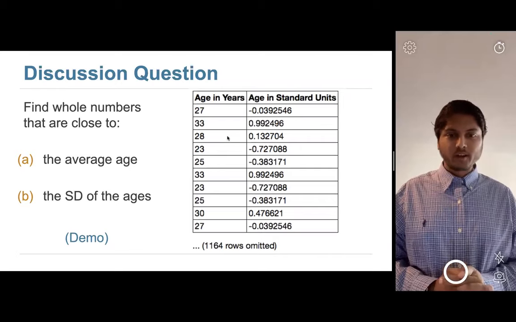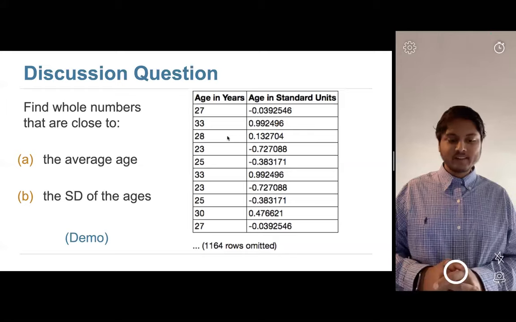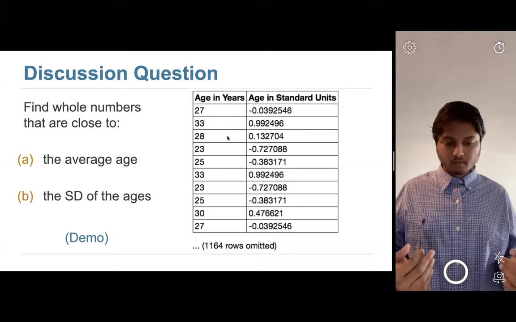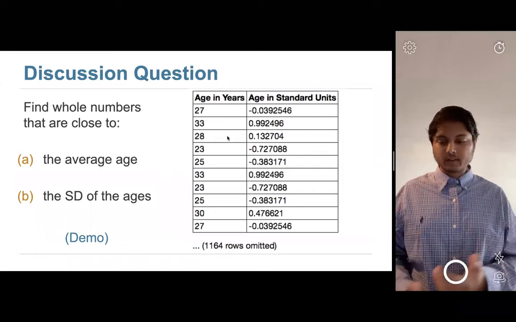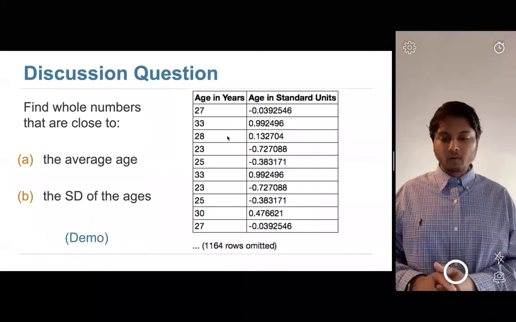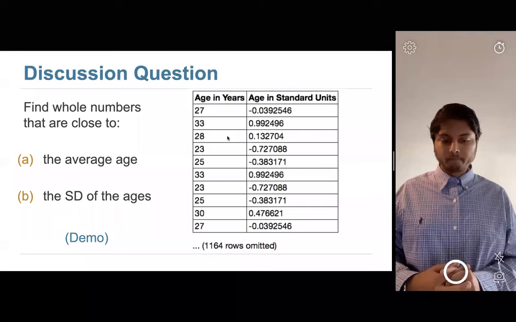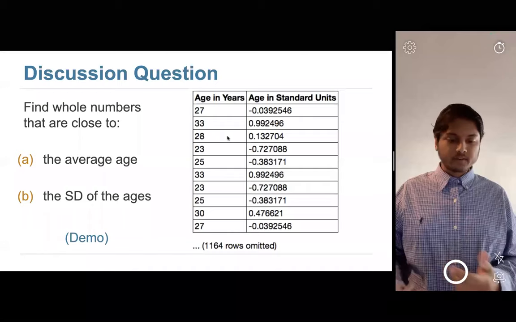Okay, cool, you guys are fast. People are saying the average is 27. Anyone want to give a reason? You can type out why you think 27 is the average. What made you realize that? Yeah, the standard units is close to 0.